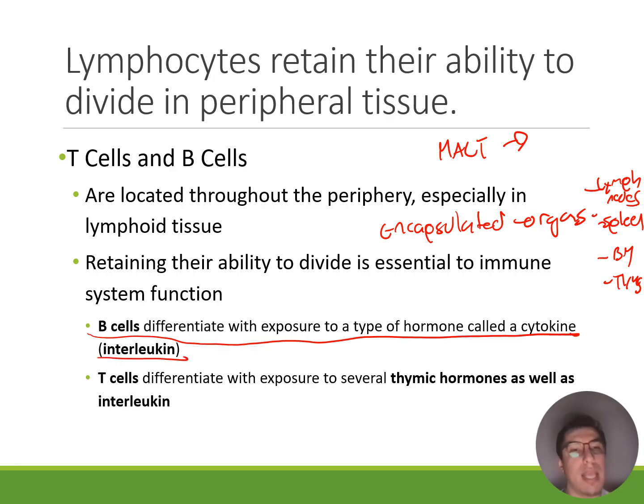All right, and T cells differentiate with exposure of thymic hormones as well as interleukin. Once we want to expand and create more cells, we're using hormonal or paracrine signals, hormones that are released by nearby cells, so that we can make the T cells and B cells divide.